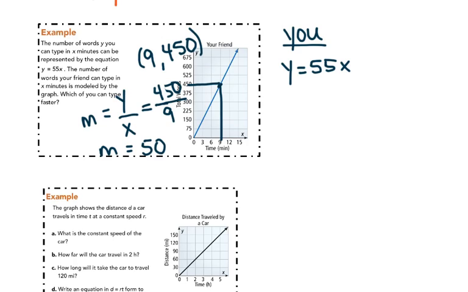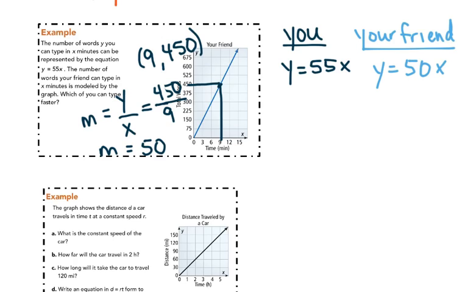So over here, I'm going to write your friend. And the equation that your friend has is y equals the m value, which we just found out was 50, times x.